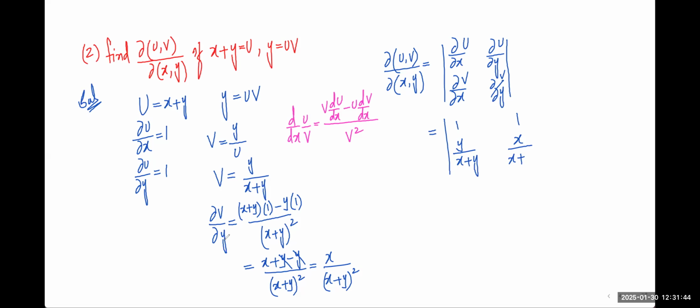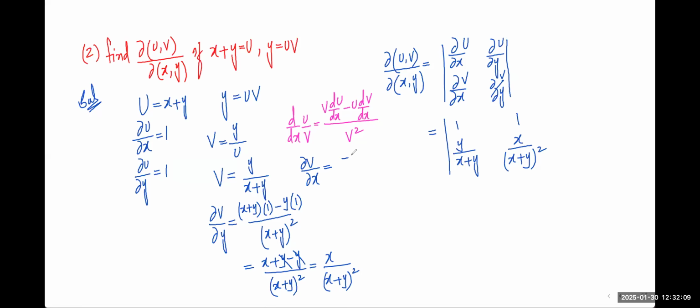This is y, so the answer is x by x plus y whole square. And here with respect to x we have not done it, so let us do it here with respect to x. So y is a constant outside.